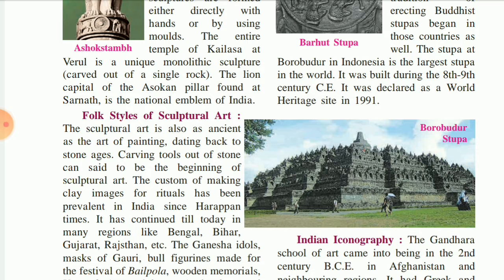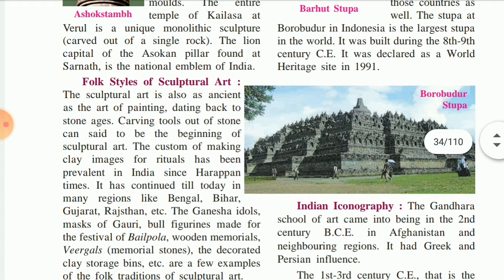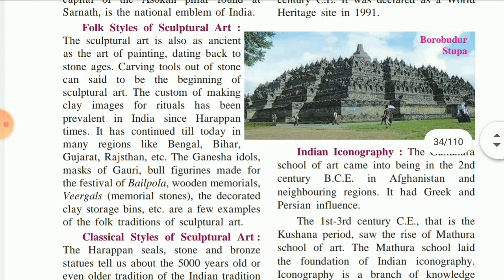So in this we have also seen that different figures were made out of clay, that is clay images. Then we have also seen carvings with stone tools. Then we have also seen the clay figures.